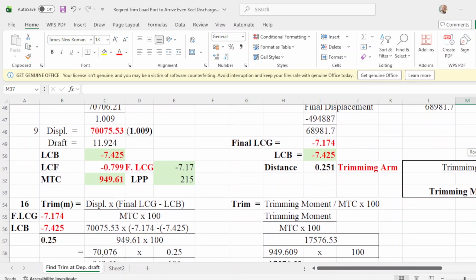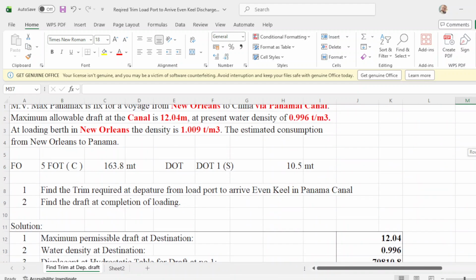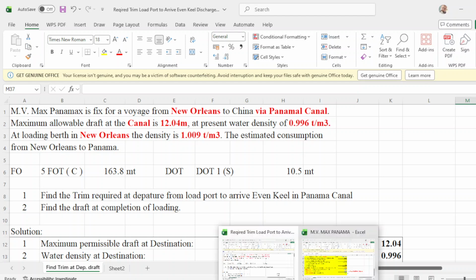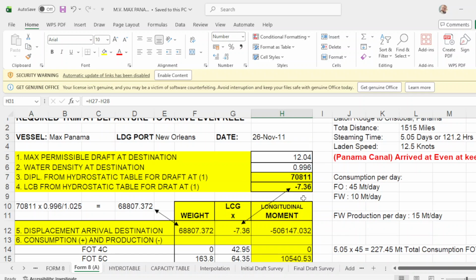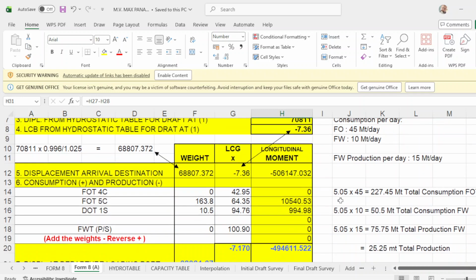So I made this manual so that you can easily understand, and this is the program. Okay, disregard this one, concentrate on this one. See, it's very easy. All you have to do is fill in the drop at Panama Canal, the local density, then it will put the displacement, the LCB, okay? Then put the weights instead of negative consumption will be positive, okay?